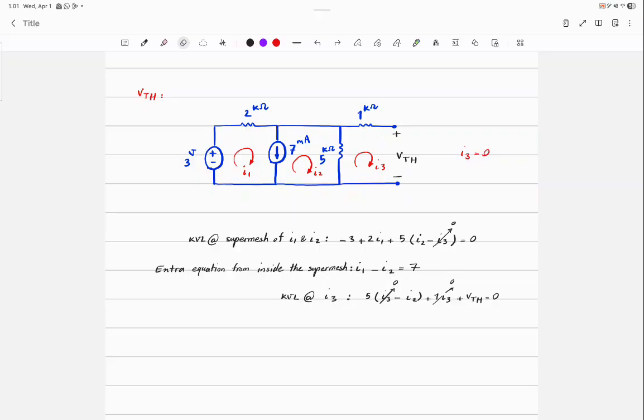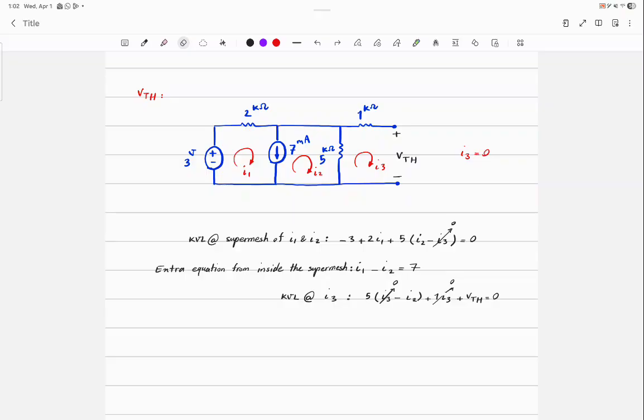How about the extra equation that I write from inside the supermesh? Even if there is a resistor in that branch in series with that current source, still the current passing through that branch is forced by the current source, 7 milliamps. So it doesn't matter if there is a resistor or not. In fact, if you remember when I was talking about supermesh, I mentioned anything in series with the current source is also inside the supermesh.